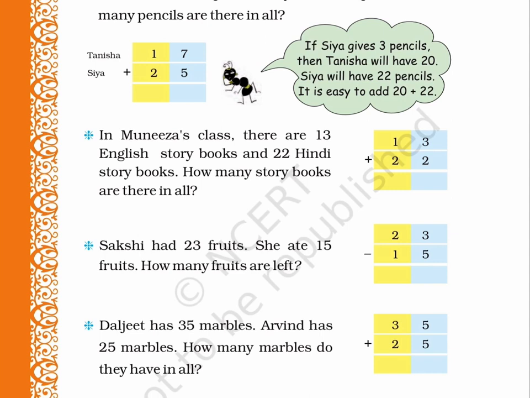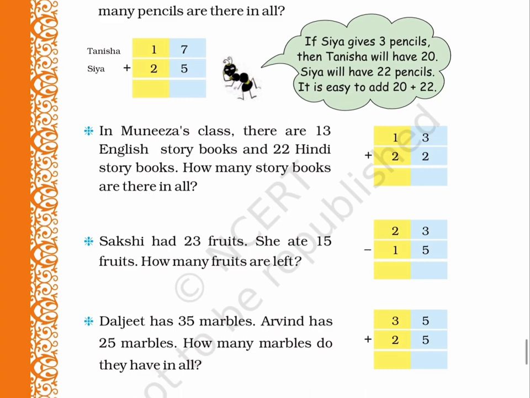Row 2, column 1, number 2 is written. Column 2, number 2 is written, and there is a plus sign in front of number 2, column 1. Row 3 has space in both columns for writing answers.